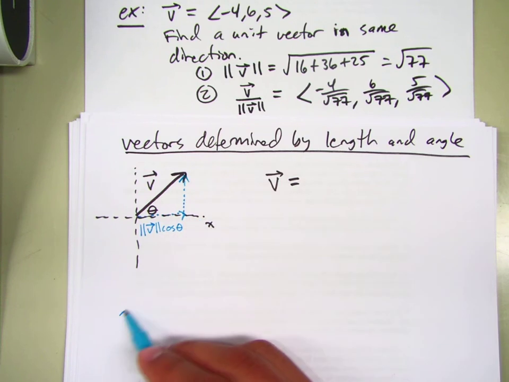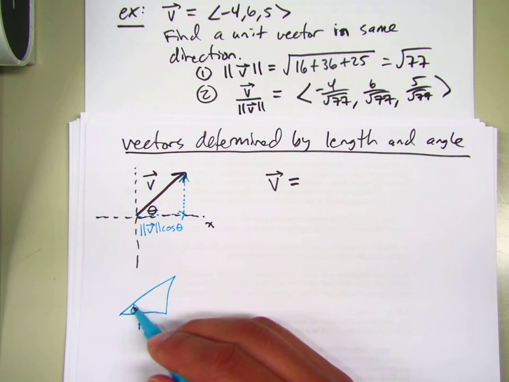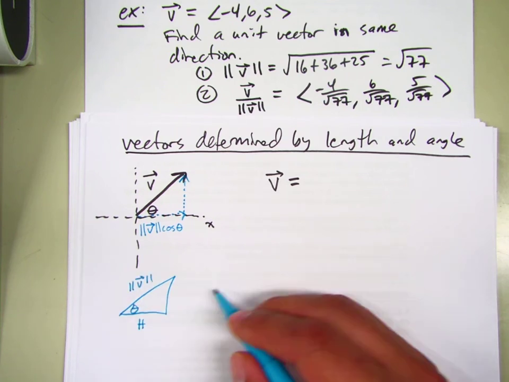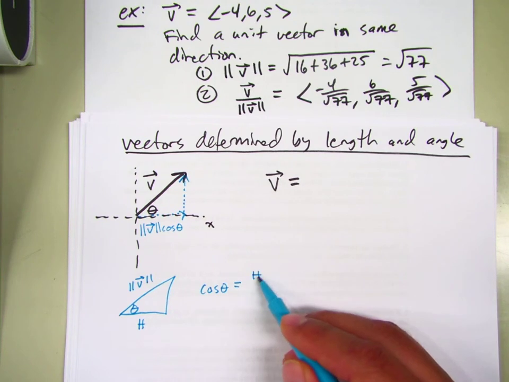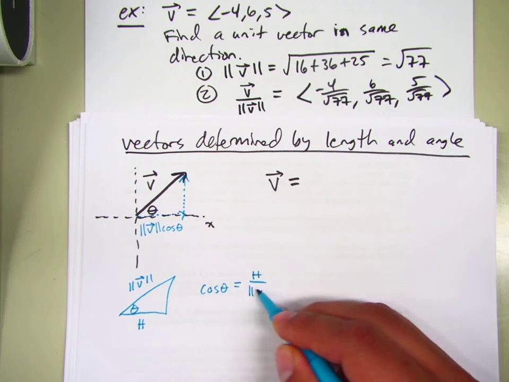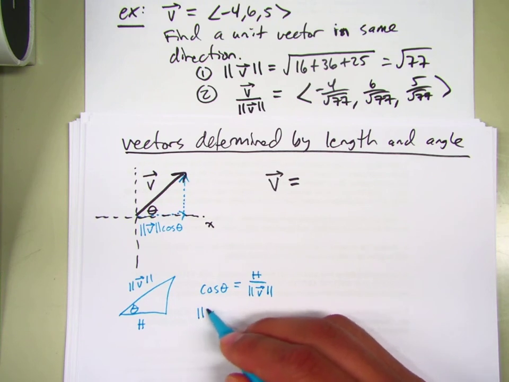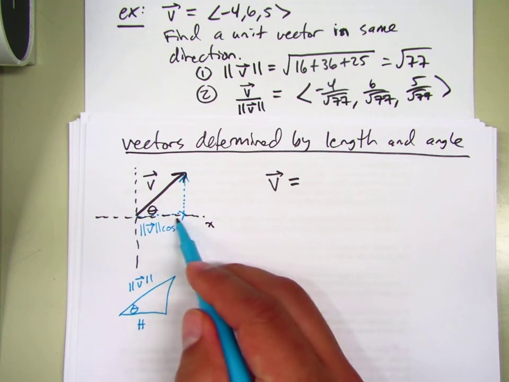Okay, and if you're not sure where I got that, again, so let's say we're looking for the horizontal piece here. This is theta, and we know that this is the length of v. We know that the cosine of theta is adjacent, which is h, divided by hypotenuse. And so you can manipulate, certainly, and now you see where that comes from. The magnitude of v times cosine theta gives us this length here.